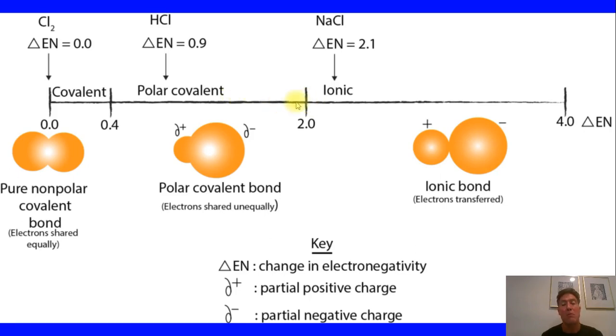But somewhere as we approach 2, it becomes predominantly ionic in character, and not just polar covalent. The interesting thing to notice here is that this is a scale. These are not differences of kind, but differences of degree. So here's equal sharing, slightly unequal sharing, and so unequal that now the electrons have effectively been transferred or stolen by the more electronegative element, forming, in this case, an ionic bond rather than a polar covalent bond.